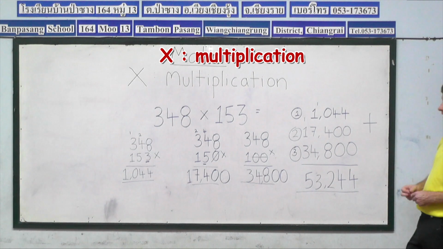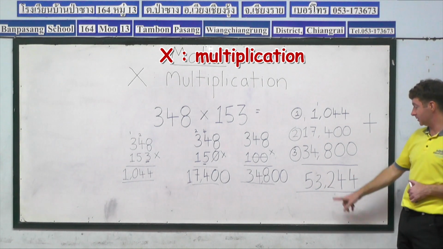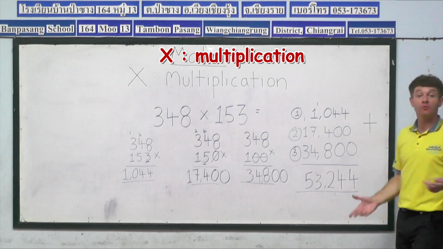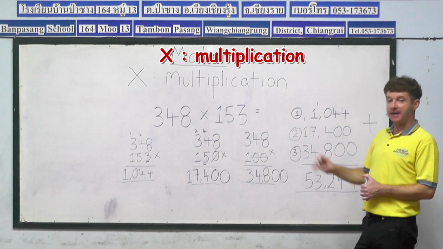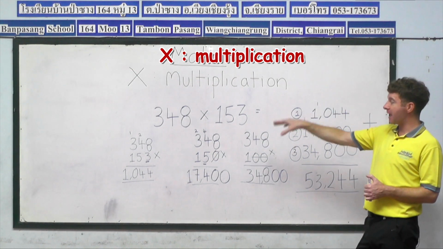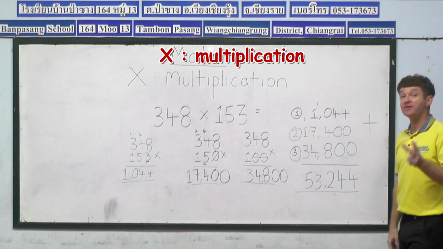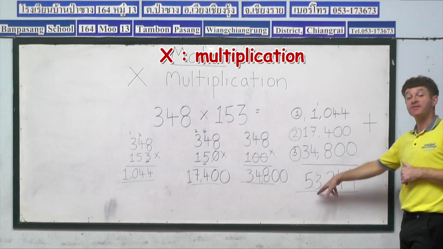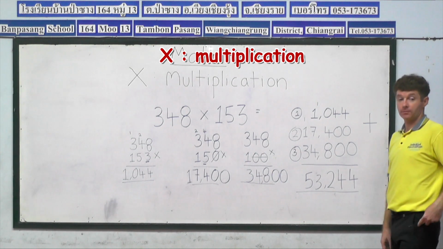So, what's our final answer, guys? 53,244. So we can say 348 multiplied by 153 equals 53,244.